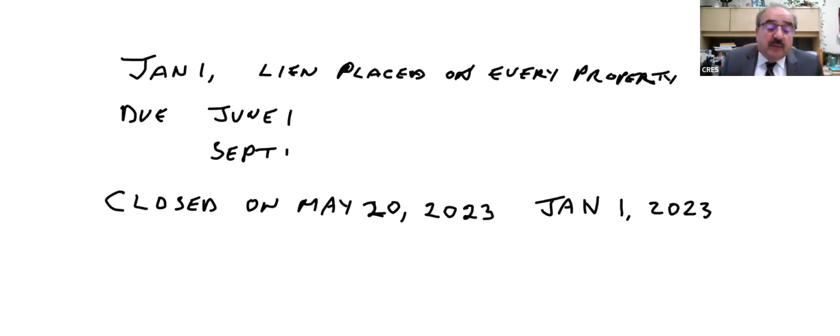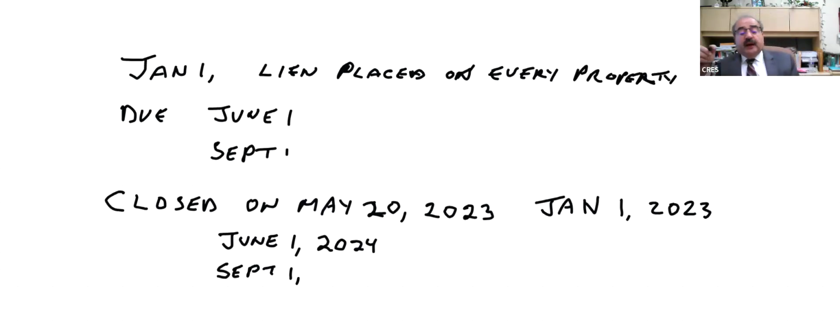Well, the first installment is going to be due on June 1st, and you need to know the month, the day, the year. On this particular closing, it's going to be due June 1st, 2024, a year later. The second installment is going to be due on September 1st, 2024.